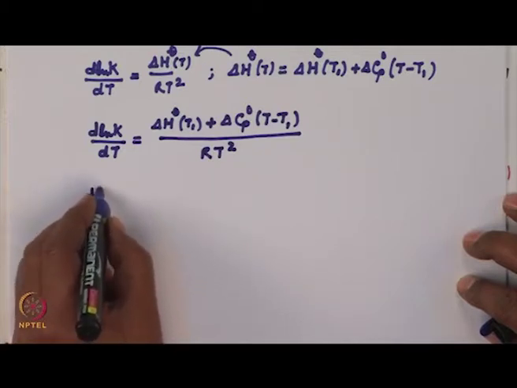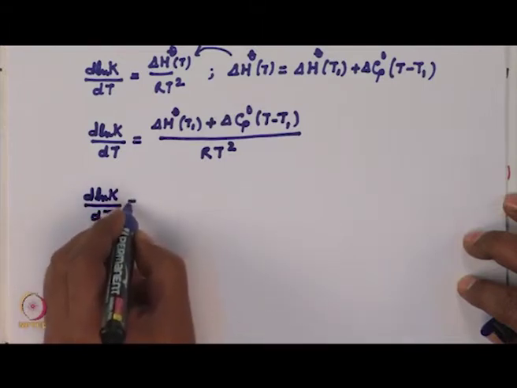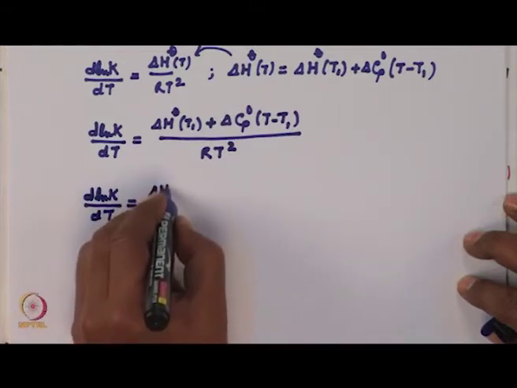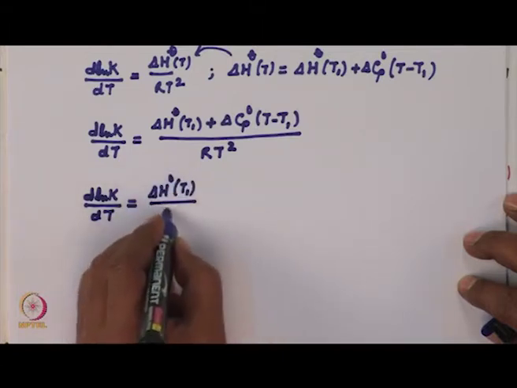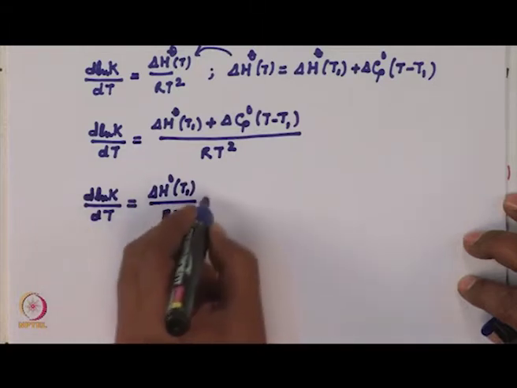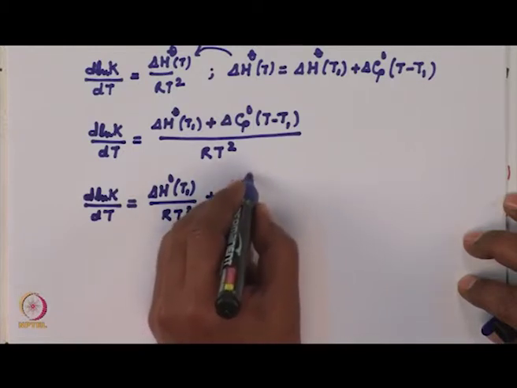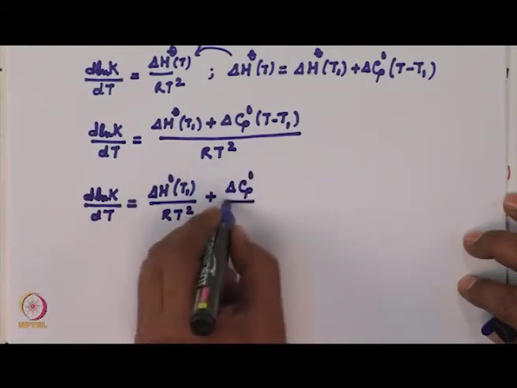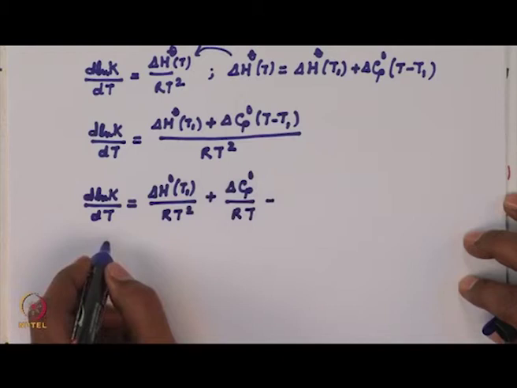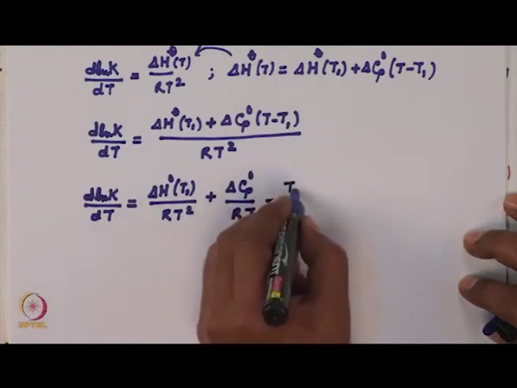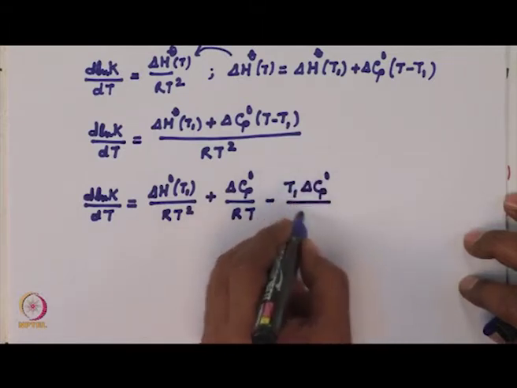Let me go a step further. d log K by dT is equal to delta H naught at T1 over RT square, plus delta Cp naught over RT, minus T1 delta Cp naught over RT square.